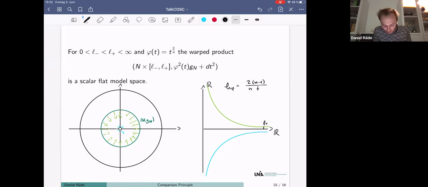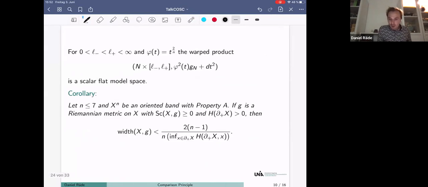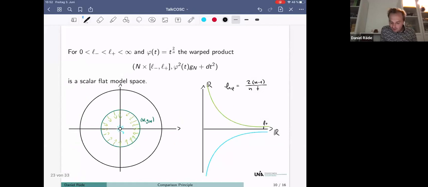And then I realize that on the left-hand side, I go to minus infinity again. So on the left-hand side, I can always undershoot the mean curvature at del minus, right? This I can do. And I assumed that I can undershoot the mean curvature on the right-hand side. And this is this assumption on H plus. And then what I know is that the distance is bounded by the length of this interval. So the distance is bounded by L plus.